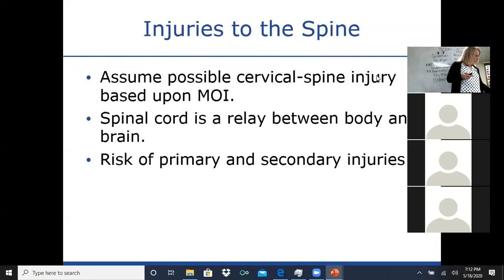Before I go all the way in there and we start talking about the spine, I want you guys to mark page 803 in your book. We already talked about neck wounds and what we do for neck wounds.